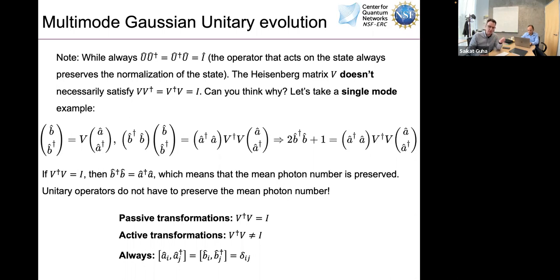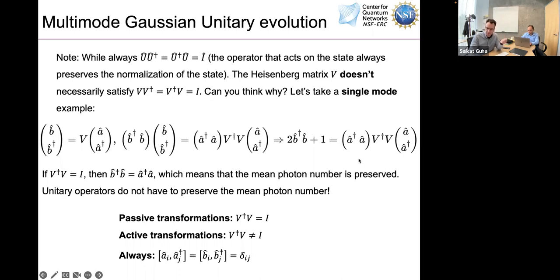Can you think why? Well, this is a very simple example. I have a proper transformation. This is a matrix V, this is how I transform my fields. Then I create this type of inner product, this vector with its own transpose conjugate, and I have this type of equation here. Now, what will happen if V dagger V equals identity, that is, if V is unitary? Then what I preserve, if my Heisenberg matrix is unitary, is the mean photon number.